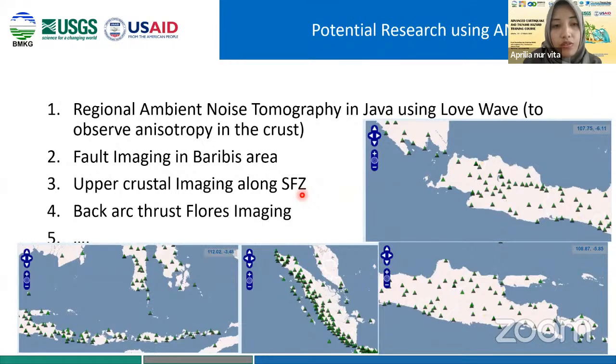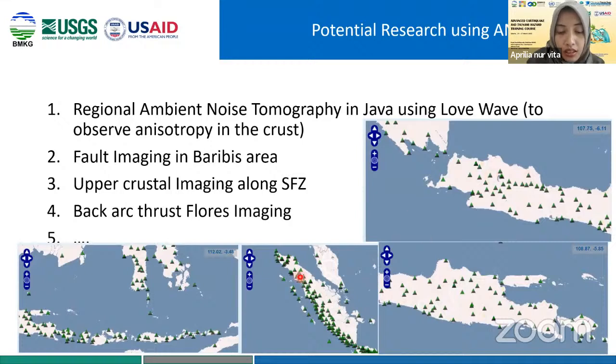The importance of Love wave tomography is to observe the existence of anisotropy in the crust, and then we can do fault imaging in the Baribis area. Because the seismic stations there are quite dense, it will be great for us to study fault imaging in this area.